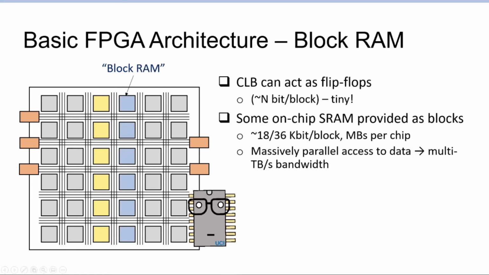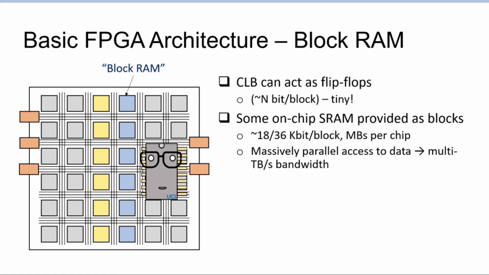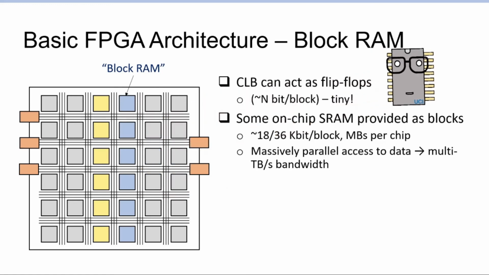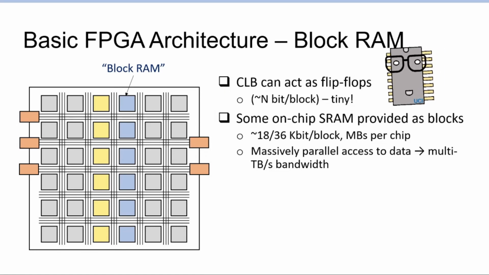Another case of the special purpose blocks include things like block RAM, another row of these things you see here. These come in because while CLBs can act as flip-flops, and depending on the CLB design it sometimes even has more resources than just a single flip-flop, the bottom line is that each flip-flop can store maybe a handful of bits across the clock boundaries.